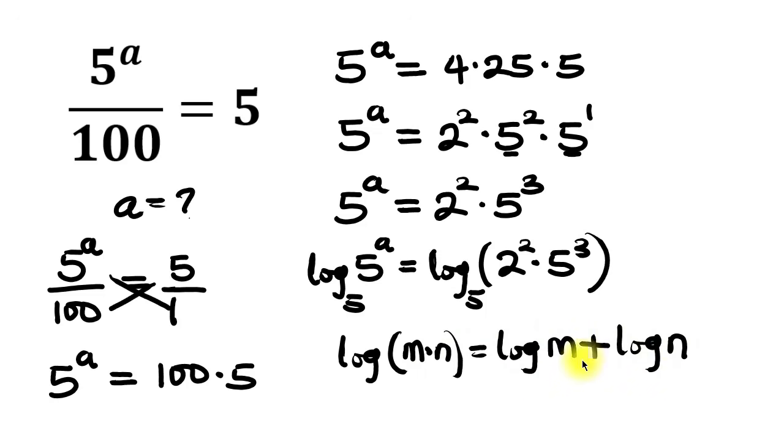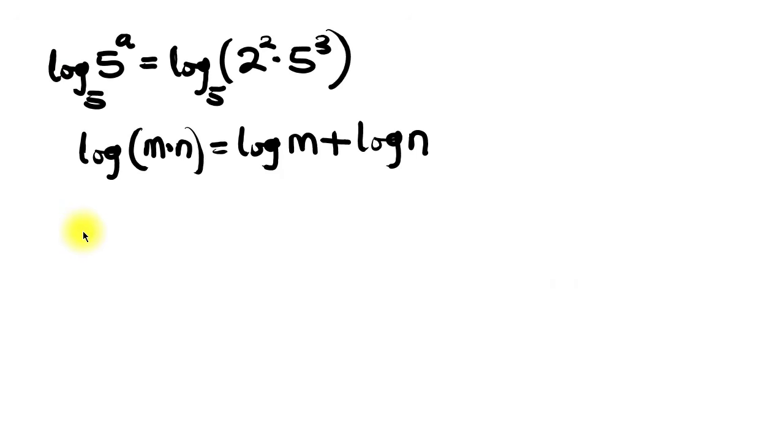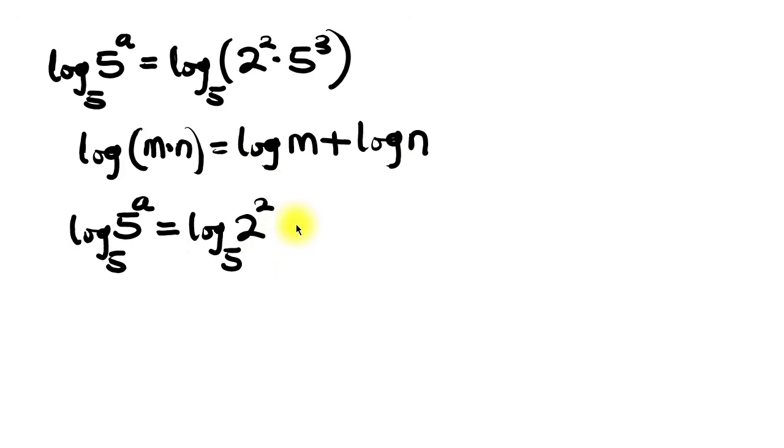Good. Let's apply this to what we have here. So we have log base 5 of 5 to the power of a to be equal to, now this written like this will be log base 5 of 2 squared and then plus log base 5 of 5 cubed.